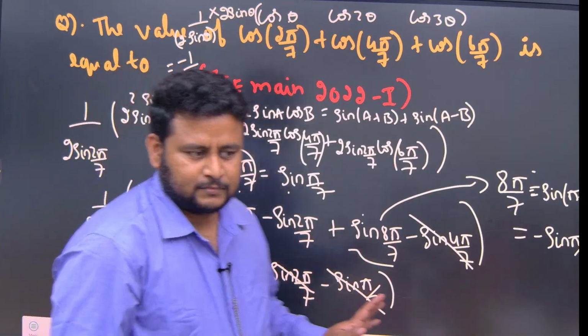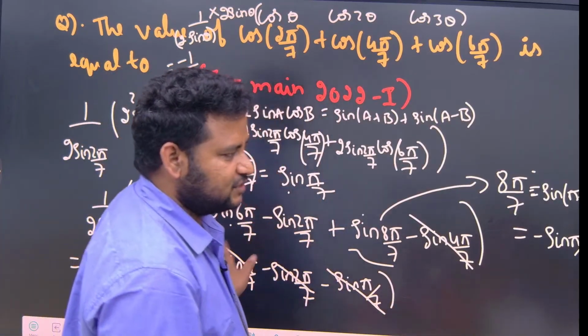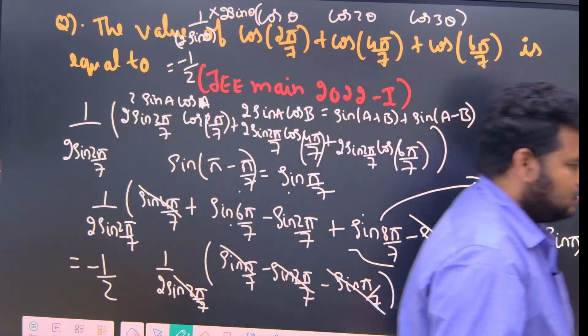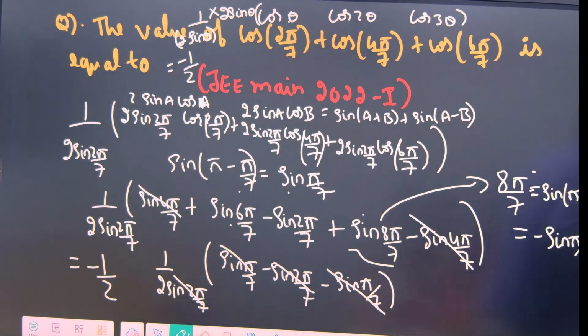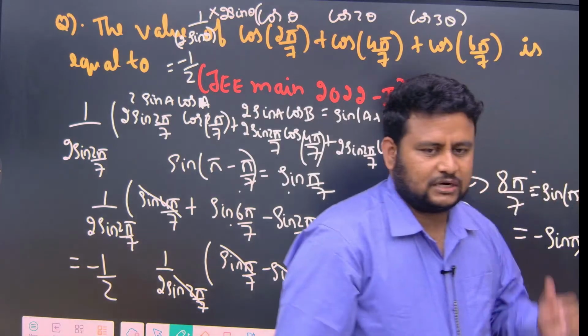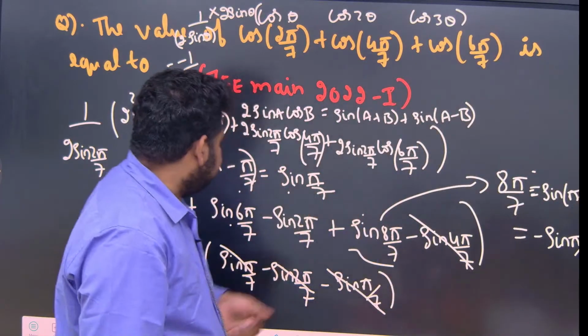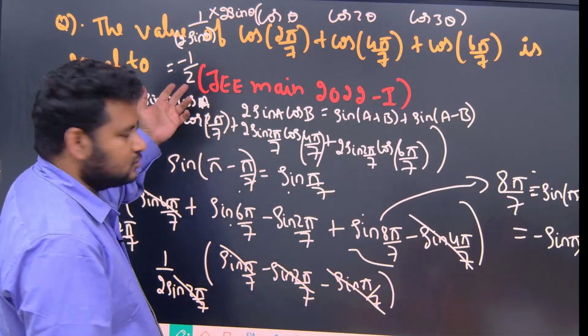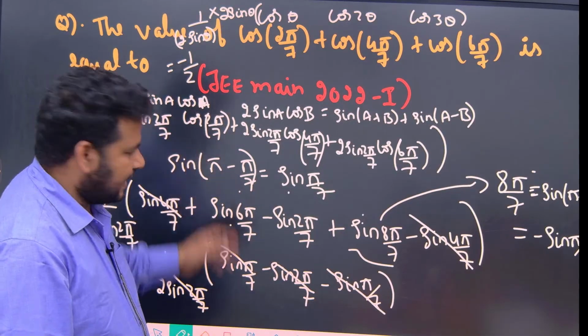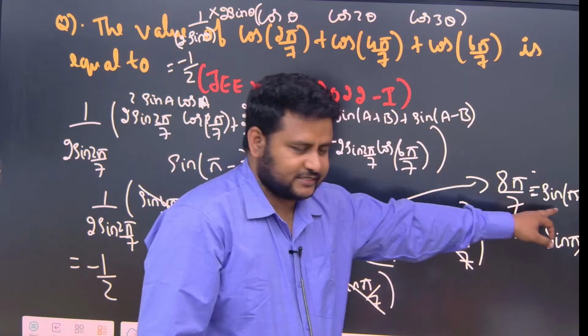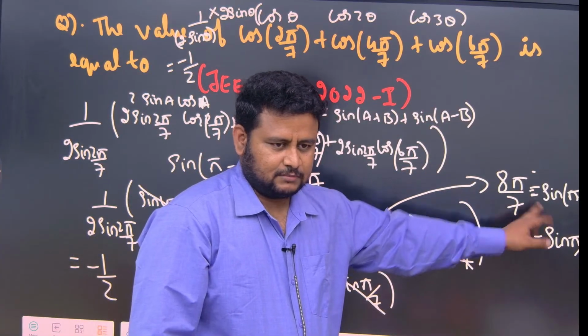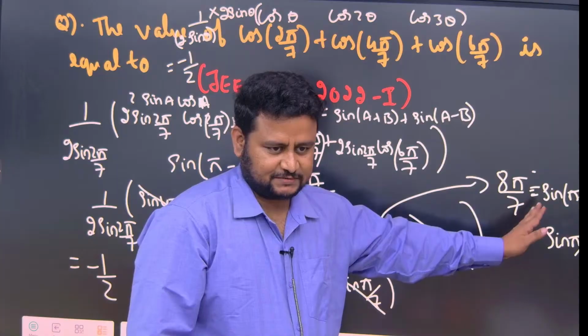Understood everyone? So this is based on the factorization formula and also on this logic: pi minus pi by 7, pi plus pi by 7, that you should know.